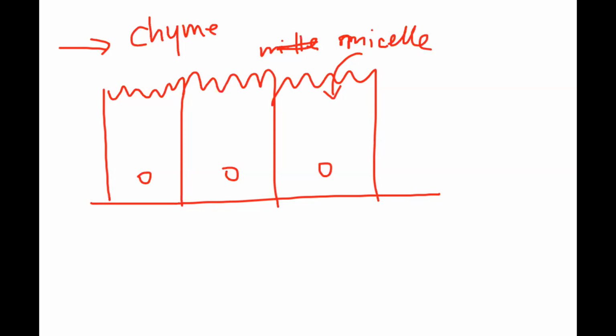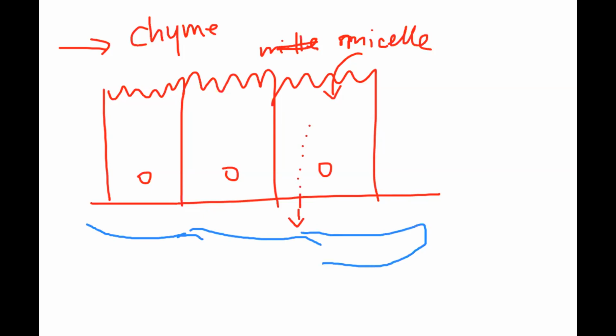Then they have to somehow get out from this end, the basolateral end, and then you're going to have the... let me draw this first and then I'll talk about what it looks like.